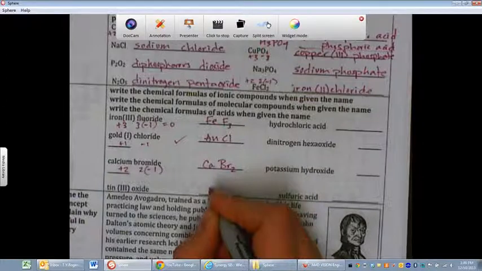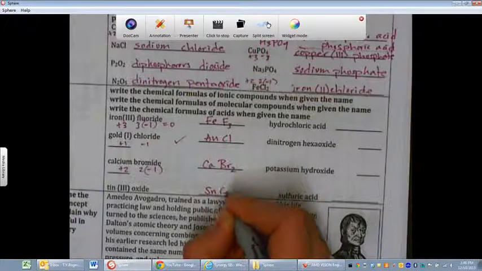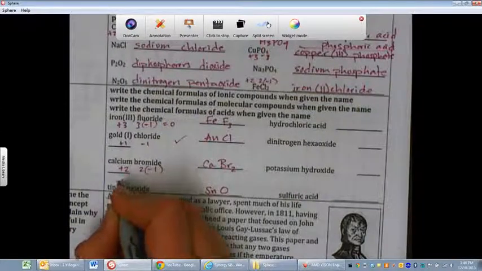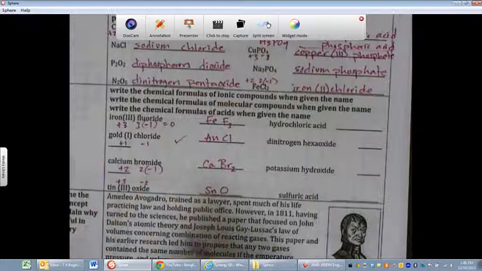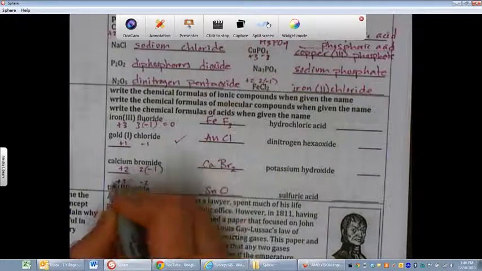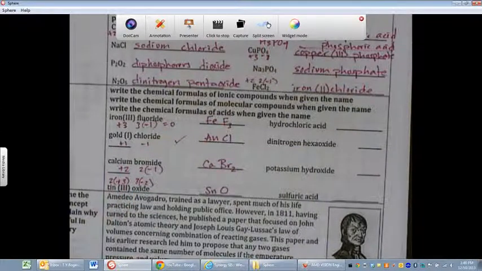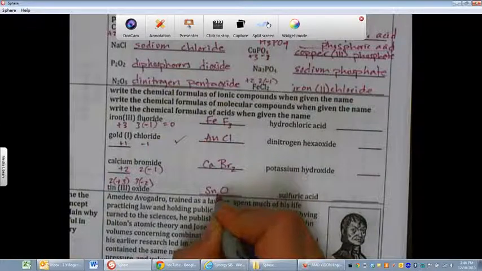Tin is Sn, and then O for oxygen. When I look at the charges, tin is +3, oxygen's -2, so I need to find my least common multiple of 3 and 2, which is 6. So that means then that I need 2 of my 3s and 3 of my 2s. So that's Sn2O3.